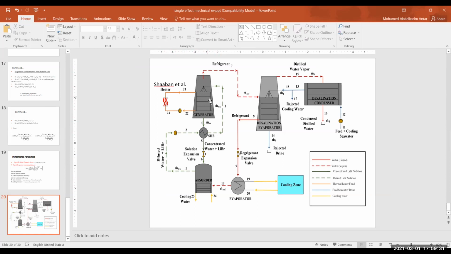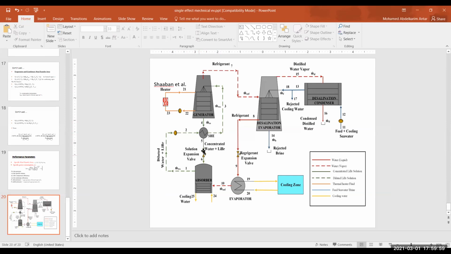It heats that diluted solution so that the vapor leaves from the top, and the concentrated solution, which is hot, leaves at the bottom. That's why while it is leaving, before reaching the absorber, you have a heat exchanger here for preheating that feed, which is the diluted solution that's going to be preheated before being sprayed. And this is a condensed solution, which is going to be cooled in that heat exchanger.